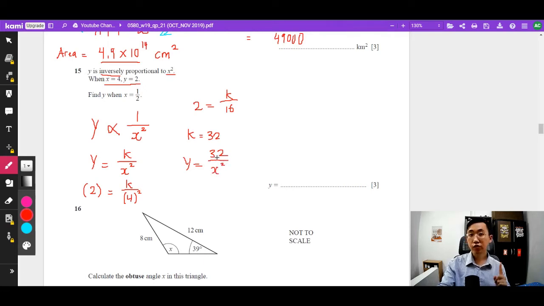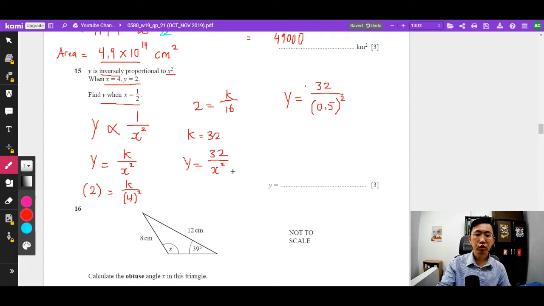Finally you're going to use the third line. Find the value of y when x is half. So write y equals 32 divided by, instead of writing 1 over 2, usually teacher writes 0.5, close it, square.